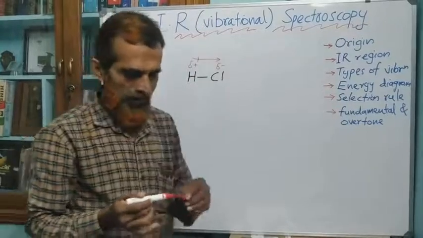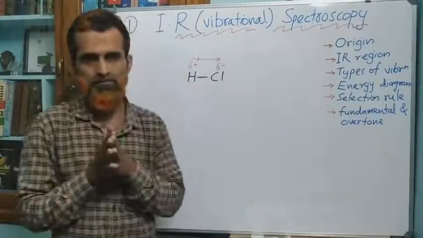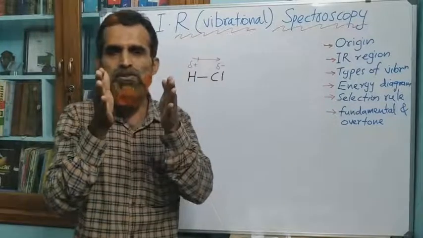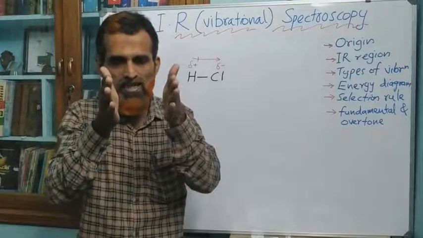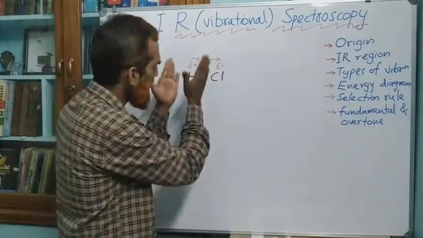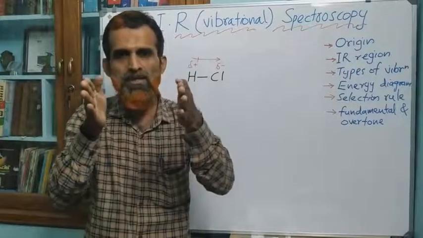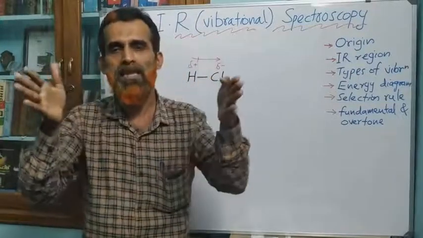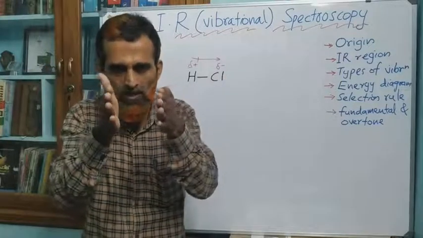Now, this HCl molecule is not having a constant bond length. The bond length keeps on changing. From this equilibrium bond length, it keeps on increasing. That is called stretching, extension. Come back to the mean position, then contract.